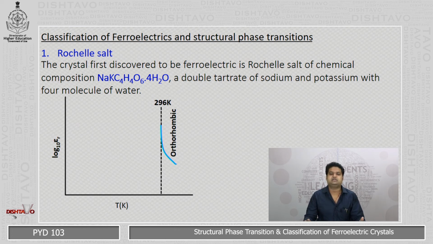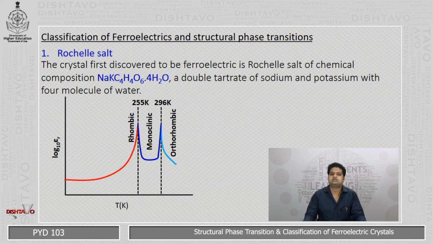Up to that temperature it is orthorhombic, and below that there is a monoclinic phase. This monoclinic phase exists only up to 255 Kelvin, not much. So you have just a region of about 20 degrees Celsius before it undergoes another phase transition, that is rhombic.